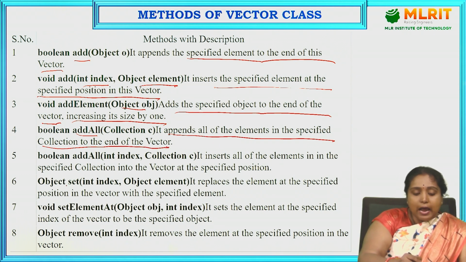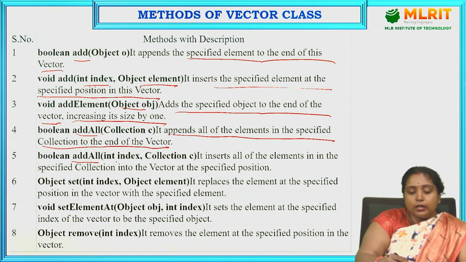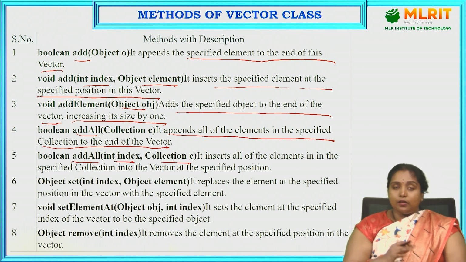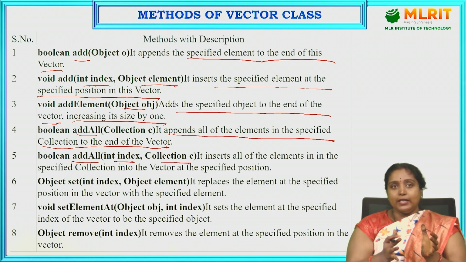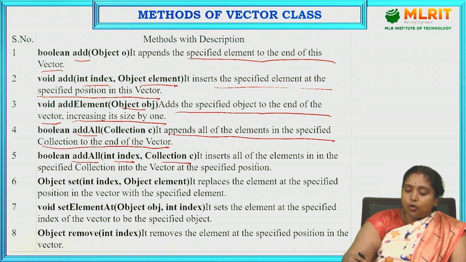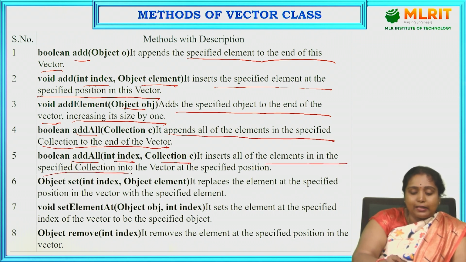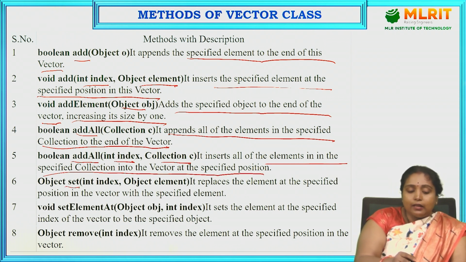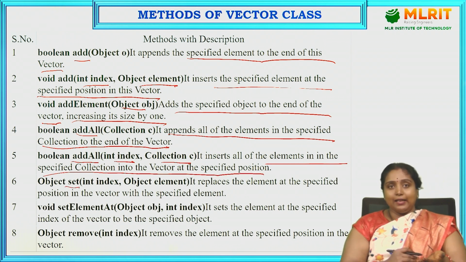And next, in the addAll method, you can go with a specified index and a collection of elements. So you can insert a collection of elements at a particular index using the addAll method. It inserts all the elements in the specified collection into the vector at the specified position. Next, set. In order to update the element at a particular index, you can use the set method.